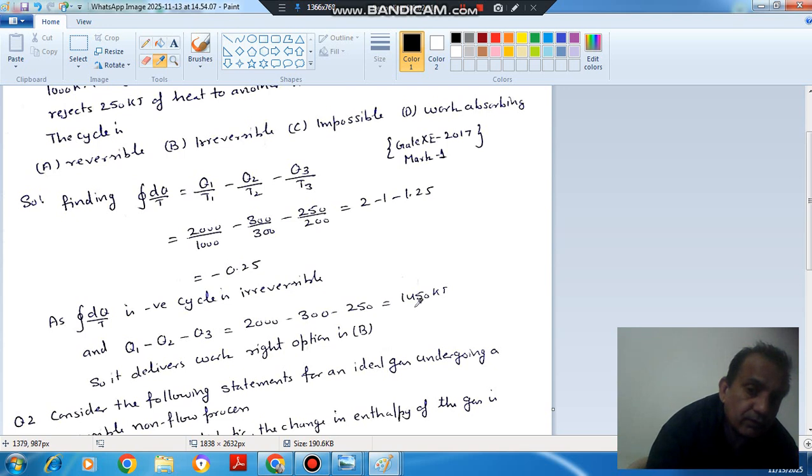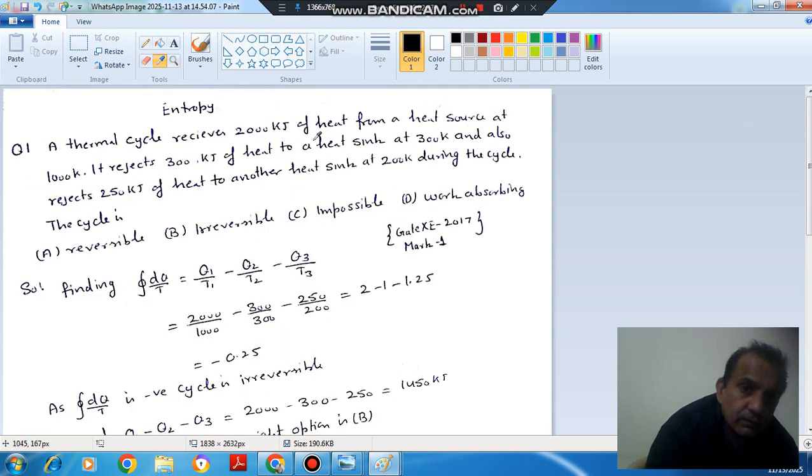So that is 1450 kilojoule. So it delivers work, it doesn't absorb work. Heat rejection is 300 and 250, heat received is 2000. So the answer is option B.